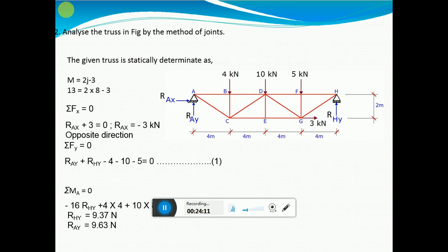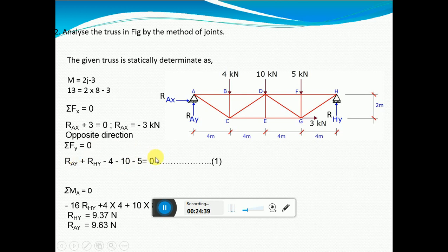RAX, we got it as minus 3 kilonewton. Next, we'll apply the condition of summation F of y is equal to 0. RAY plus RHY minus 4 minus 10 minus 5 is equal to 0.